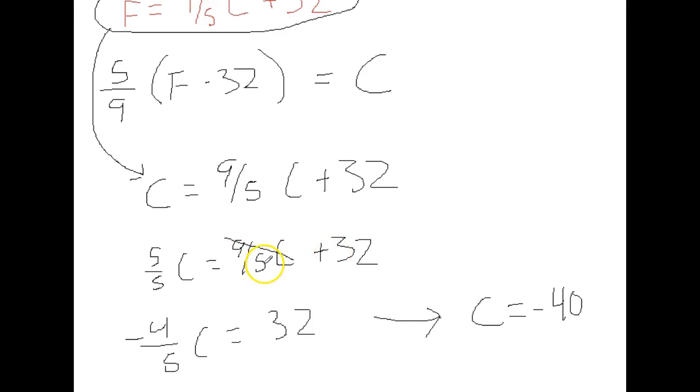So do that fraction subtraction. And then you need to divide both sides by this number here. Divide by negative 4/5. And when you do 32 divided by negative 4/5, you get the answer negative 40. And so if the temperature outside is negative 40, the Celsius scale says negative 40, the Fahrenheit scale says negative 40 as well.